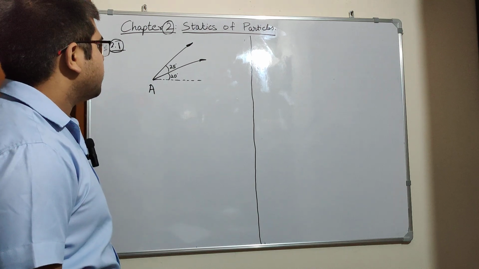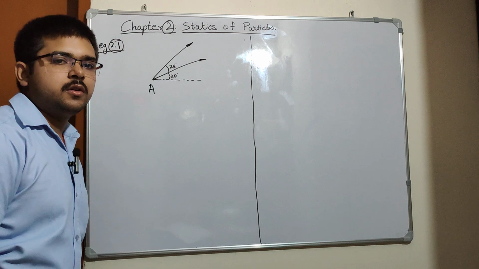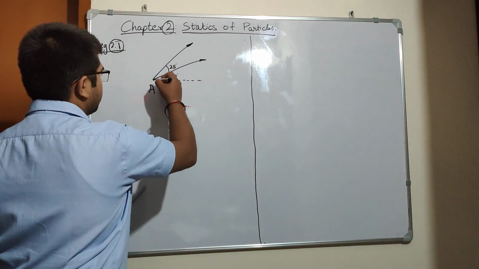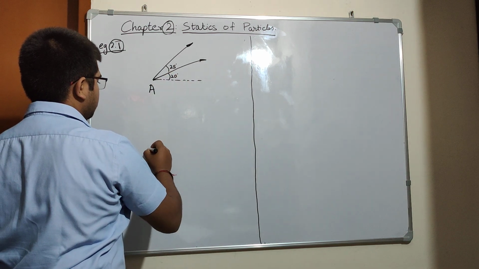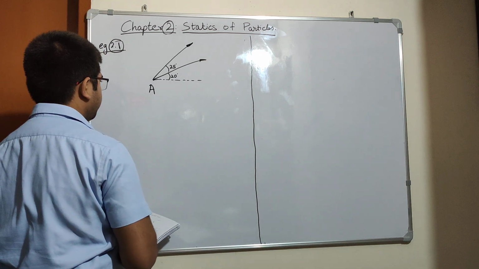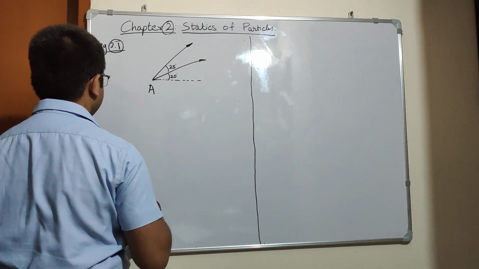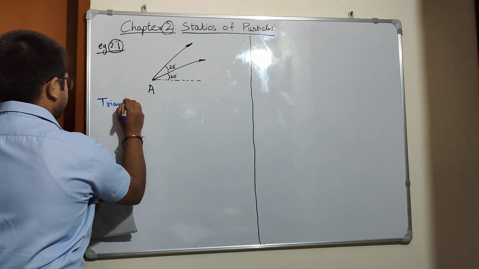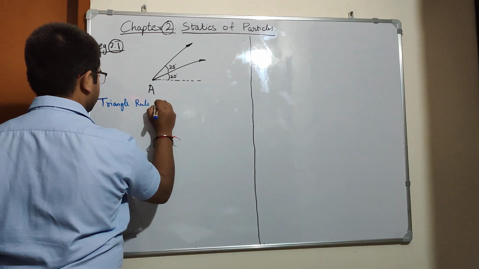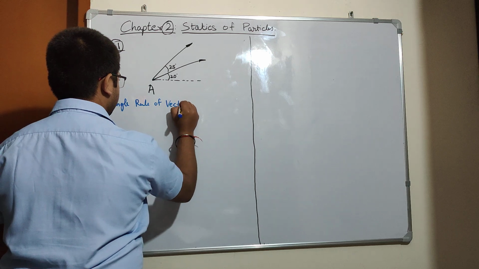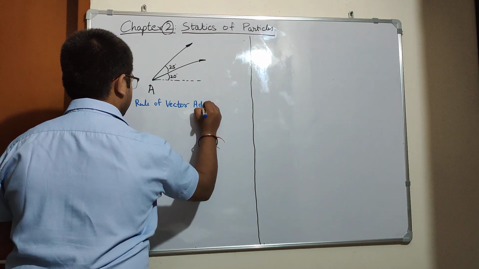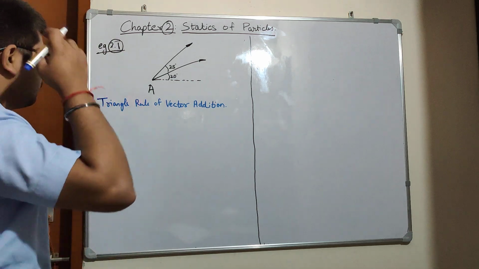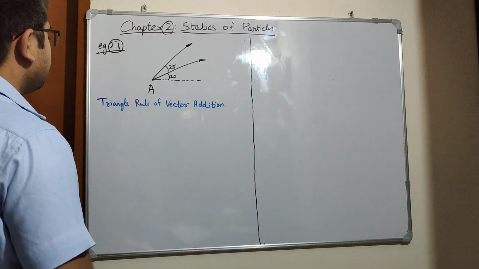So, to find the resultant, we all know that we can use the triangle rule of vector addition. So, we will first make this triangle rule of vector addition.